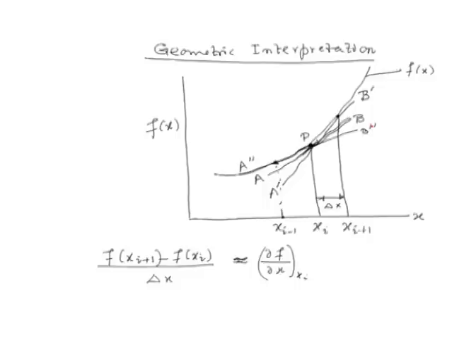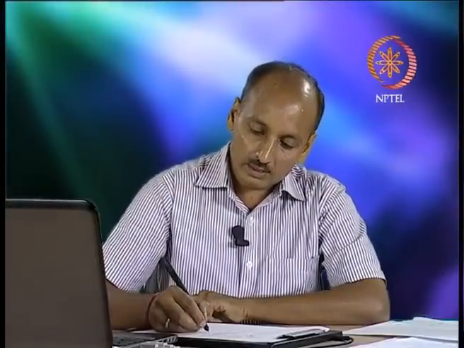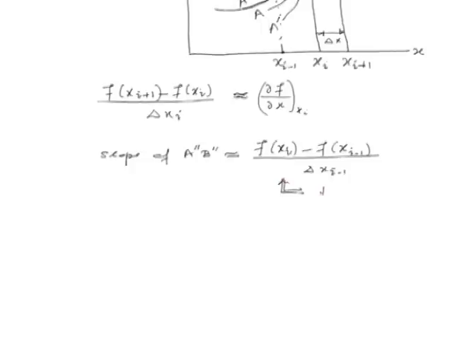Slope of A double prime B double prime, that is f at xi minus f of xi minus 1 divided by delta xi minus 1. Okay. And this is what we refer to as a backward difference approximation.